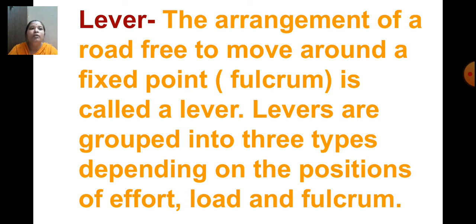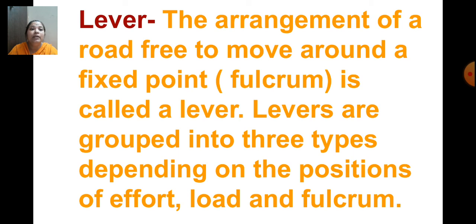The arrangement of a rod free to move around a fixed point is called a lever. Now there are three types of lever based on the position of fulcrum, load and effort.